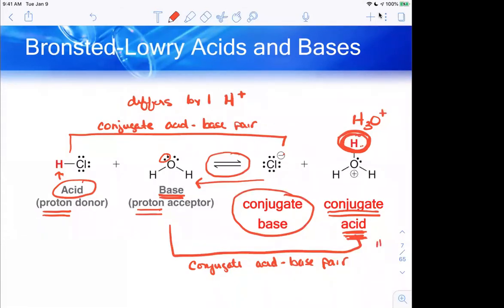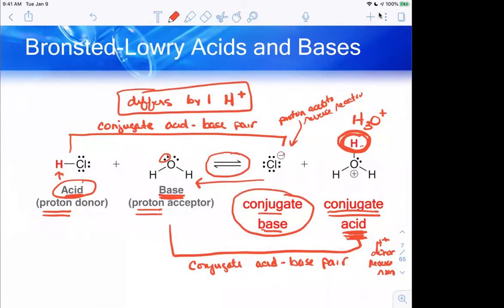This is now a proton donor in the reverse reaction. This is a proton acceptor in the reverse reaction. So my acid in the forward direction becomes my conjugate base in the reverse direction, and my base in the forward direction becomes the acid in the reverse direction. These pairs only differ by one proton.